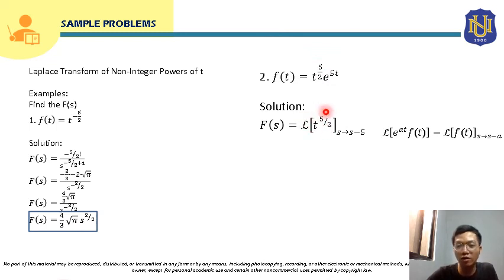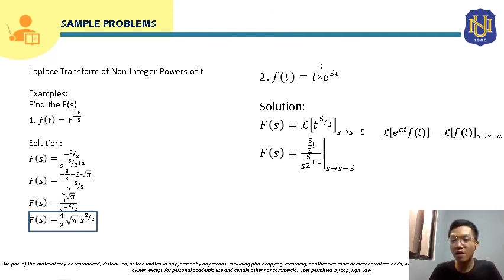After solving for its Laplace transform, we replace all the variables s by substituting s minus 5 to that. This is actually s minus a, and our a here is 5. So s minus 5.